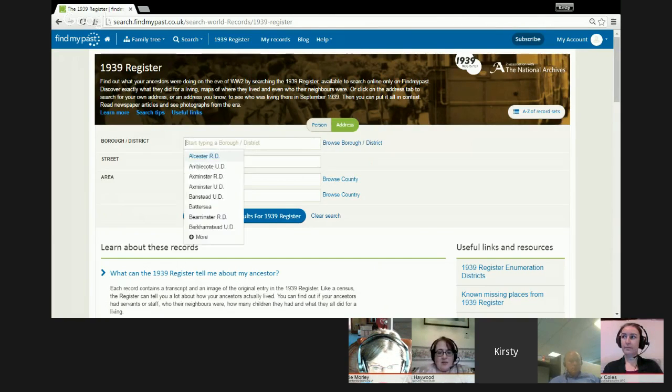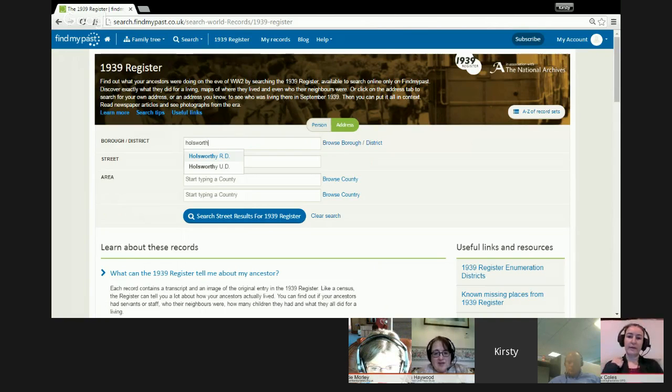I tried Luffincott, which is the small parish next door. I also tried Holsworthy, which is the nearest larger, not particularly massive, town. But as you can see from the problem I have there, you've got the rural and urban district. How do I know what you're going to put TechCot in? If you're not putting it in as TechCot, then I'm frankly piddling in the wind, as they say.